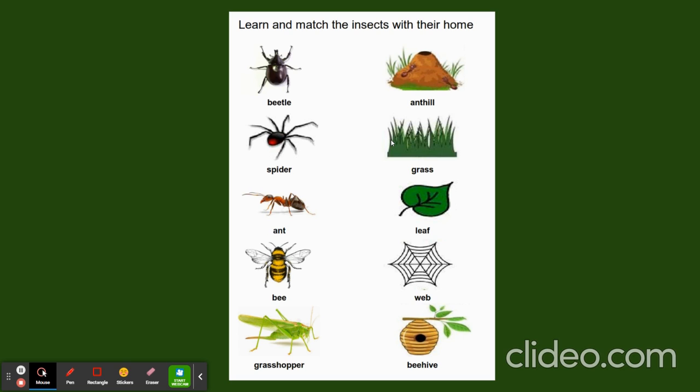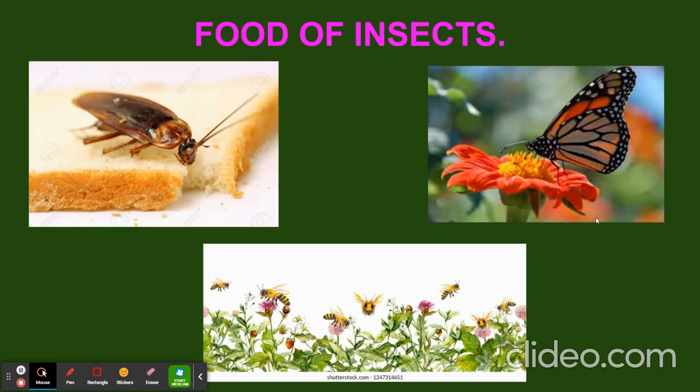We also see food of insects. If you see here, the cockroach is eating from the leftover food. Butterfly collecting nectar. Honeybee collecting nectar from plants and flowers.